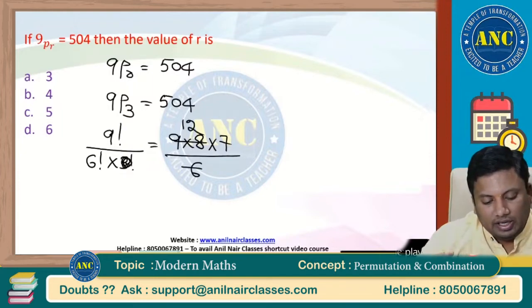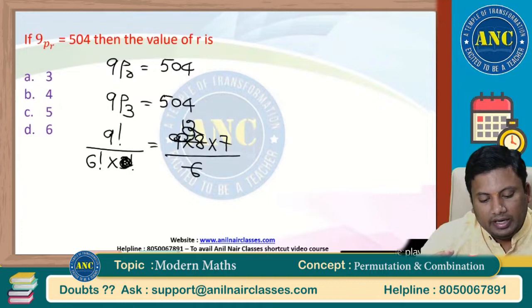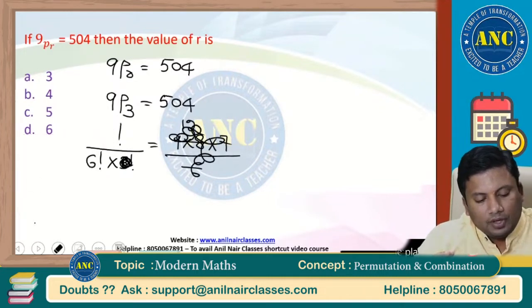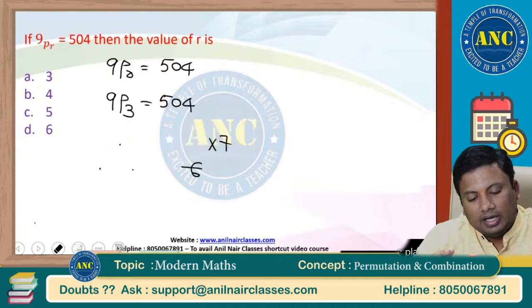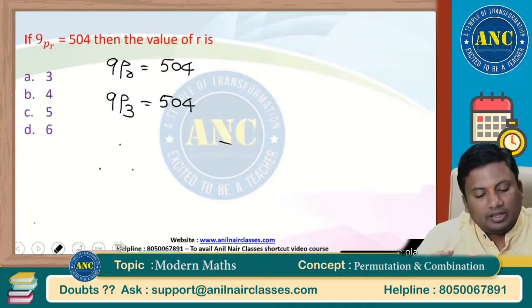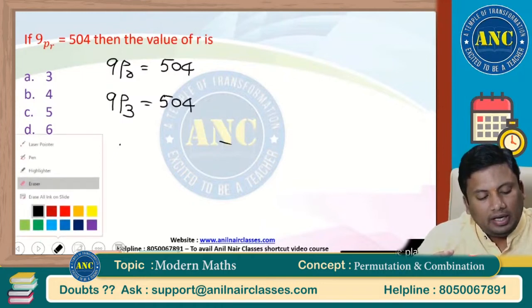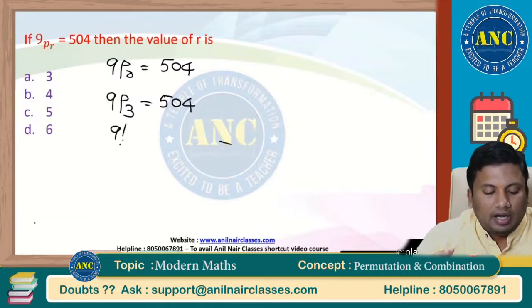Sorry, this 3 factorial won't come. It is nPr. This kind of mistake, don't do it. So 9P3, nPr, is nothing but n factorial by (n minus r) factorial, 9 factorial by 6 factorial, which is nothing but 504.